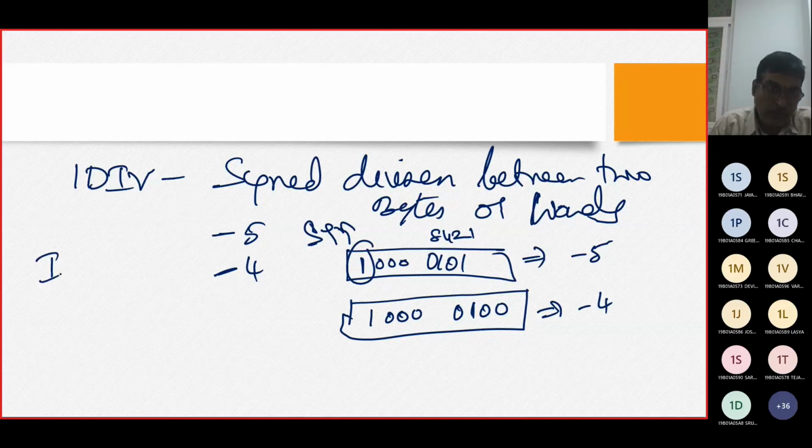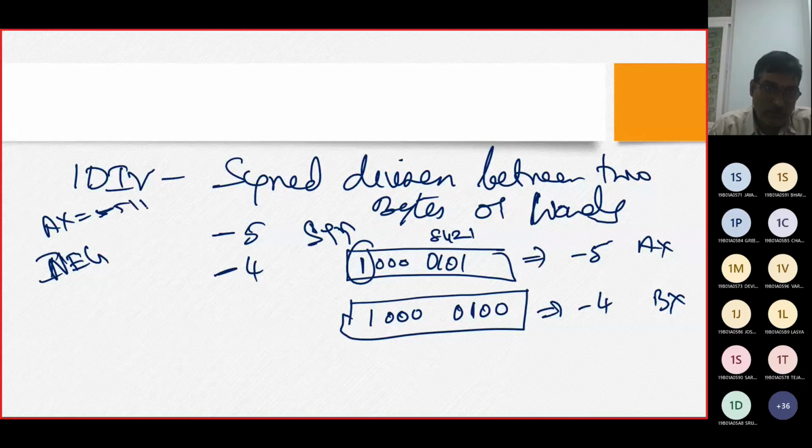Then I will write the negation of AX and BX. So AX is equal to -5h, BX is equal to -4h, negation of AX, negation of BX.